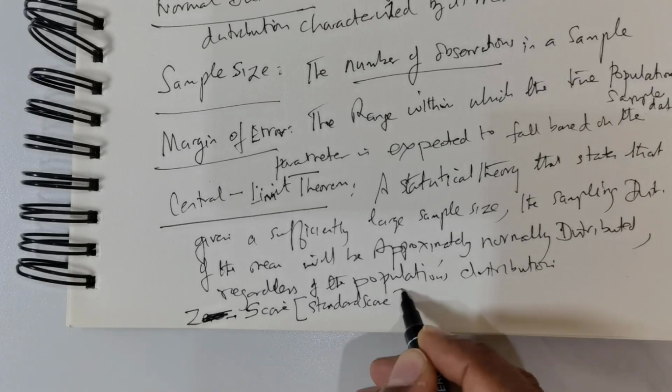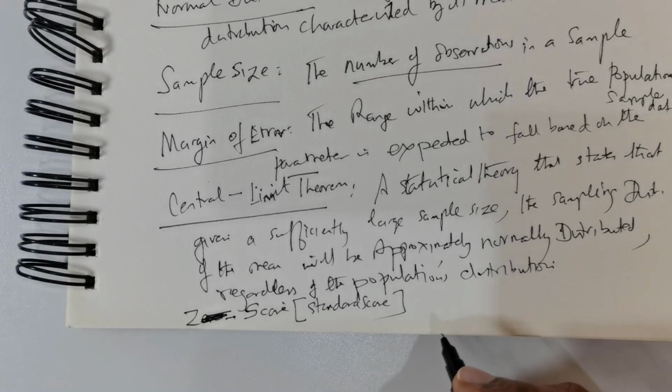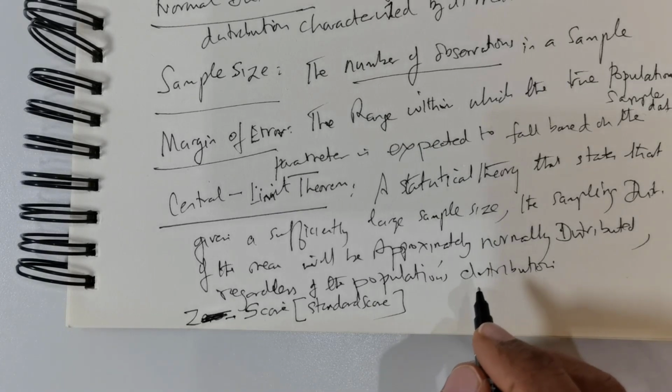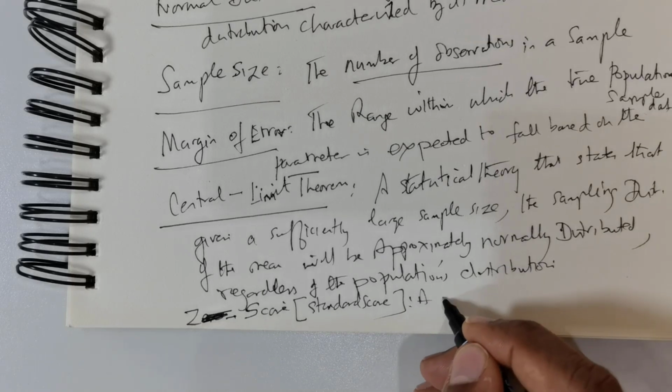Now what is this? I hope you're able to watch this. A statistical measurement that describes a value's relation to the mean of a group of values. Let me write that down.